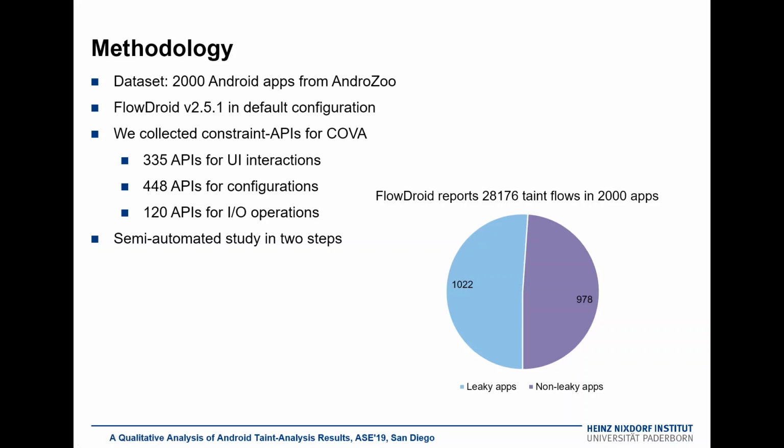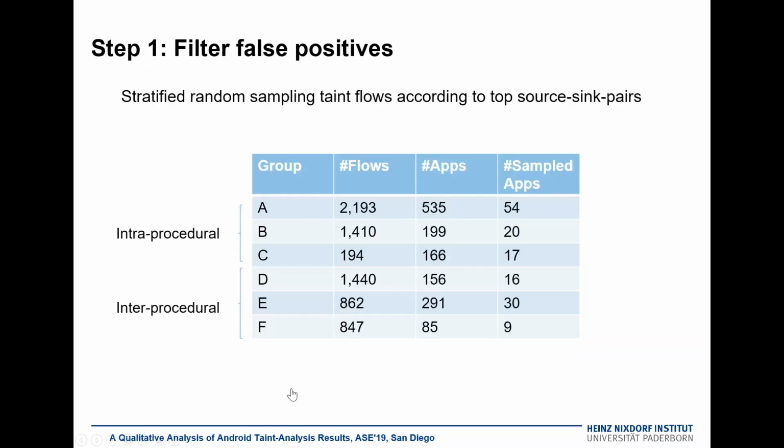The experiment was semi-automated in 2 steps. In the first step, we would like to filter some false positives. Since it is impossible to inspect these more than 28,000 taint flows manually, we conducted a case study of the most common taint flows to filter some false positives.